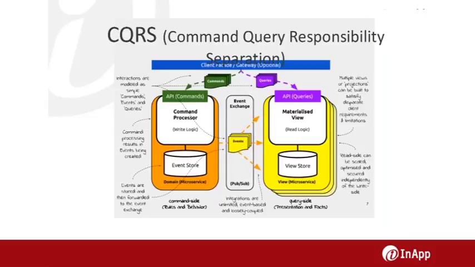For example, you could have a user service where your command could be to register a user, and then your materialized view would enable a reader to issue a query to get a list of profiles or list of users. That could be the functionality that your user service offers.